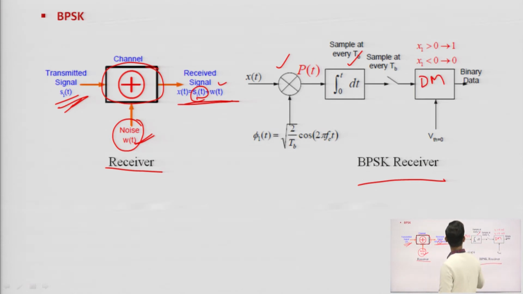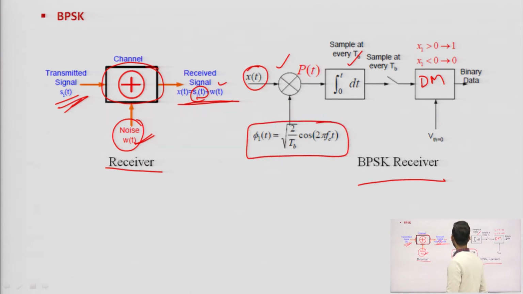This is your input signal, and this is phi 1(t), because we are receiving the signal coherently. So again we are using phi 1(t), whatever we are using at the transmitter section. After that we take the product of these two and pass it through this integrator. After integrating, the signal passes through a decision device, where I get x1.